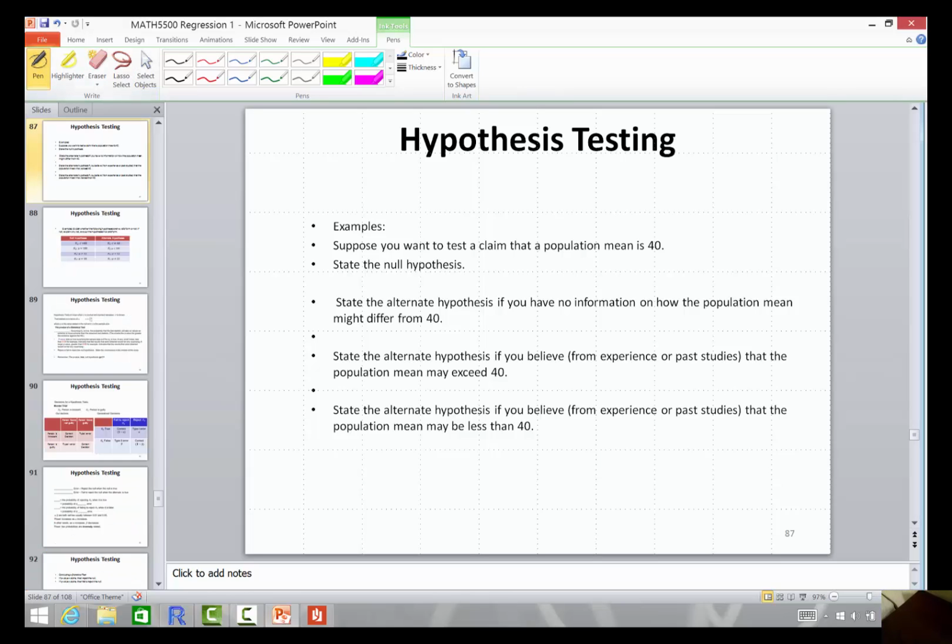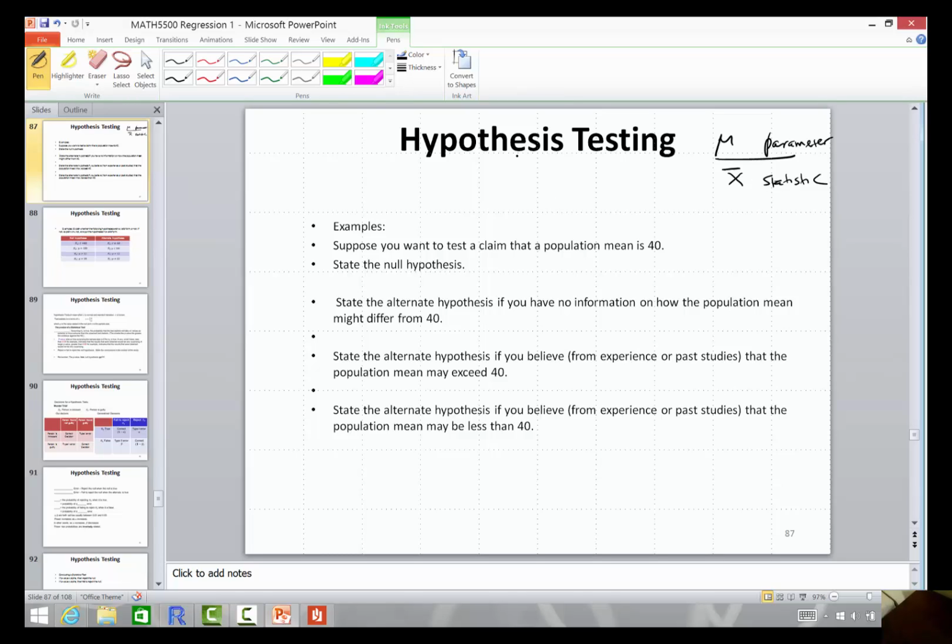Remember, this mu is the population mean, this is the parameter. X bar is the sample mean, this is the statistic. So mu is the parameter, X bar is the statistic.